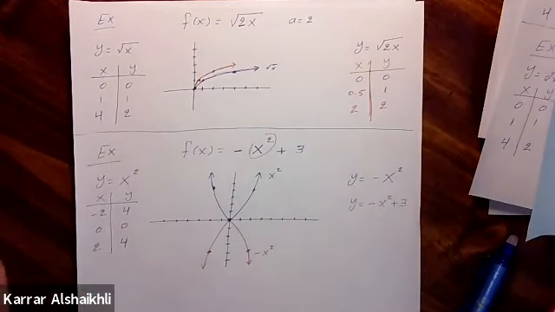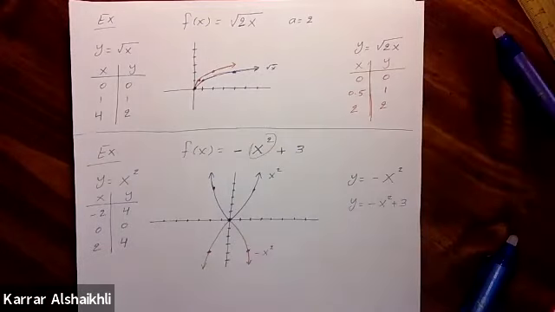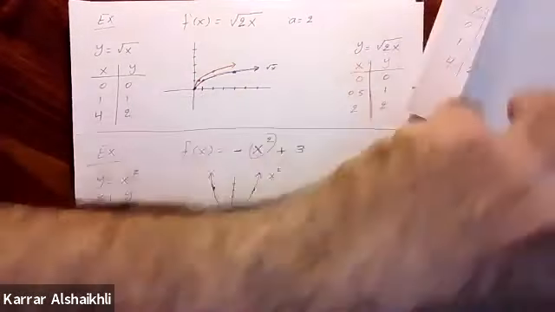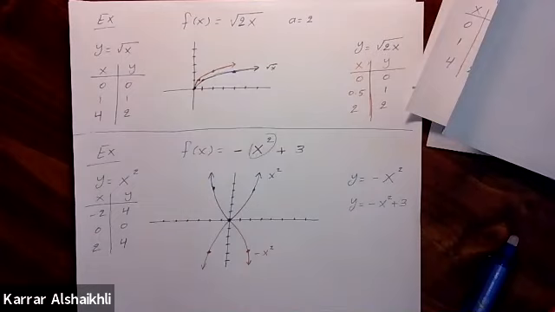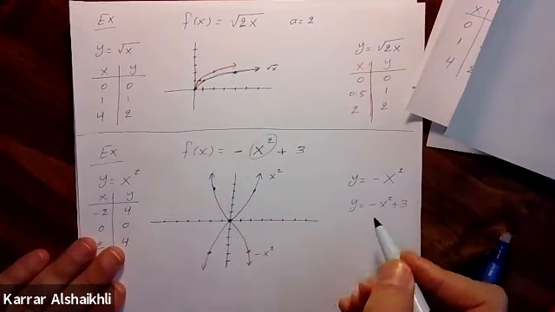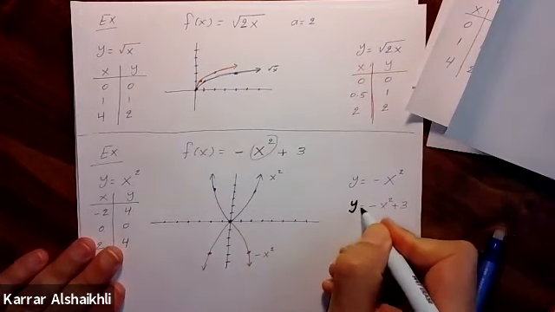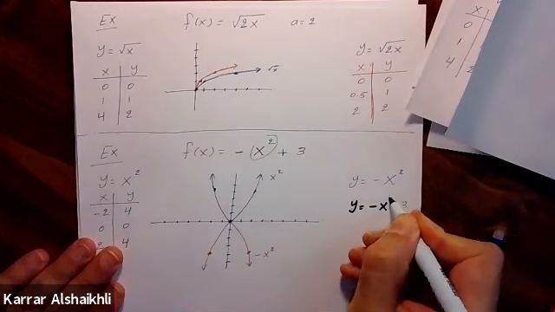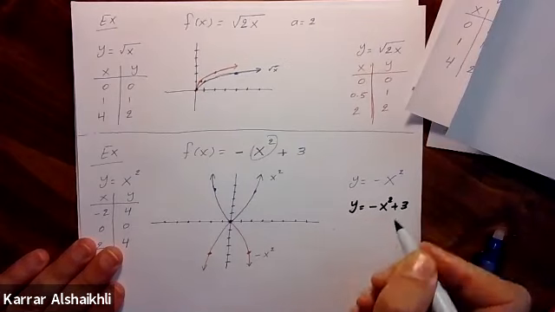So the new graph is going to be, I just need to find another marker. Let's do this one. So now the new graph is y equals negative x squared plus 3.